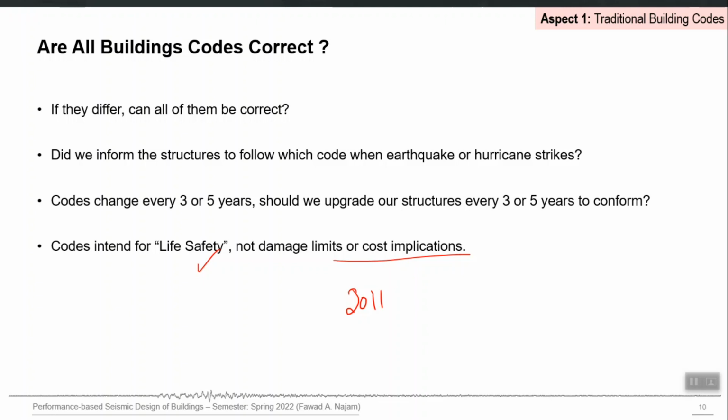If there are only partitions damaged after an earthquake, or just a few building contents, I as a developer may not accept that loss. So, I am not only satisfied with life safety, I want to go beyond that. In that case, building codes may not help, right? Because they just have a uniform intention behind all of their provisions, that they have to ensure life safety, right?